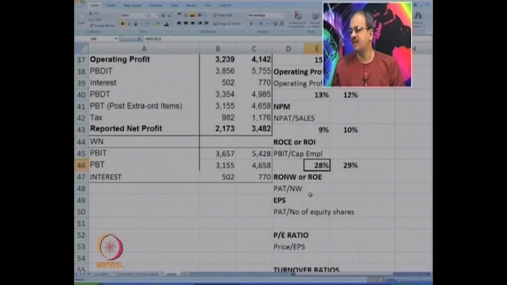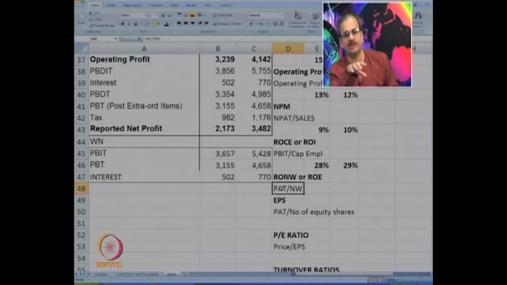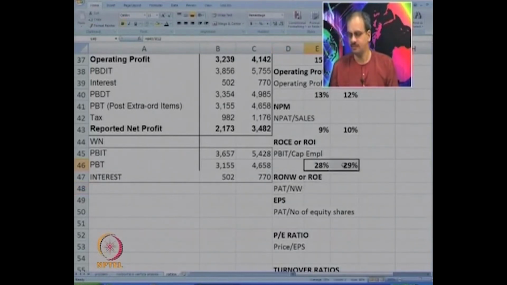Next is RONW or return on net worth, also called return on equity. The formula is PAT upon net worth. Here we are trying to look from the viewpoint of the owners. So, profit after tax is the profit which owners earn divided by the net worth of the owners. So, I am just copying and then let us calculate the correct formula.